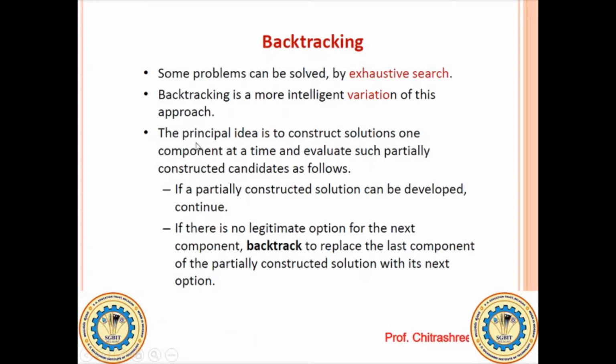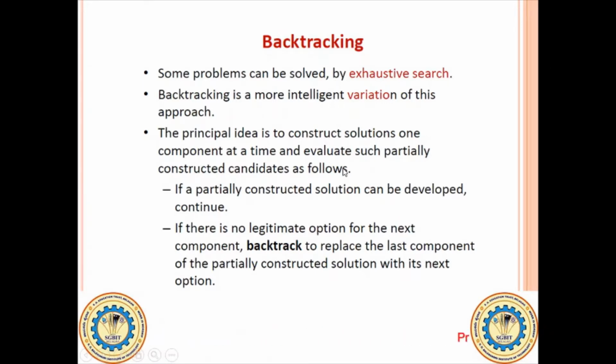So actually what happens in backtracking: we will be given a problem and we need to find the solution for that problem, and we are going to consider the components given in the problem. We are going to select the first component, and then start the construction of a solution, proceeding with that particular component.